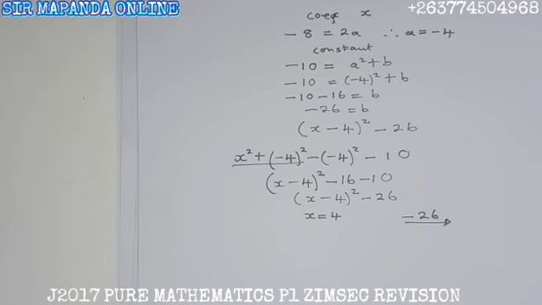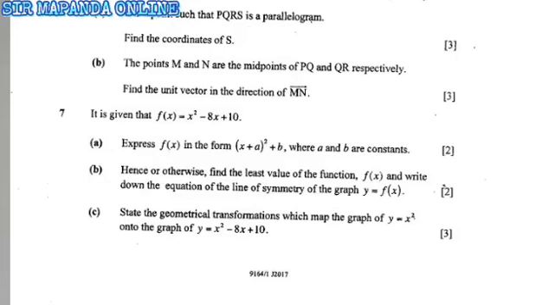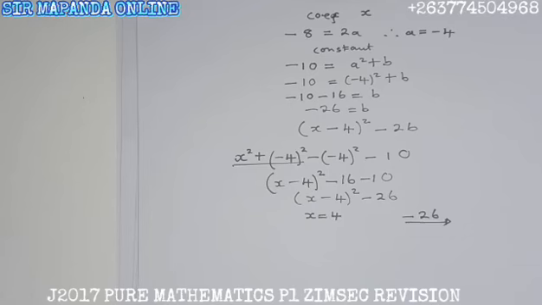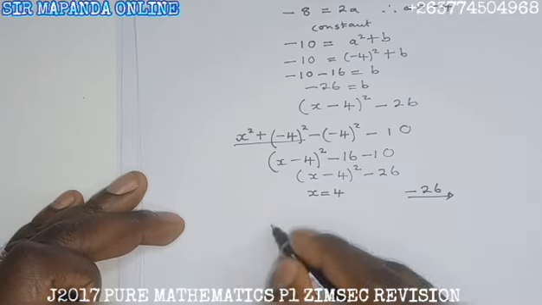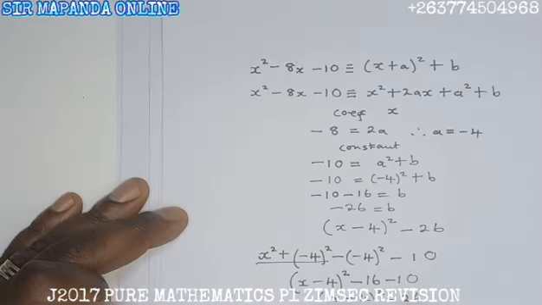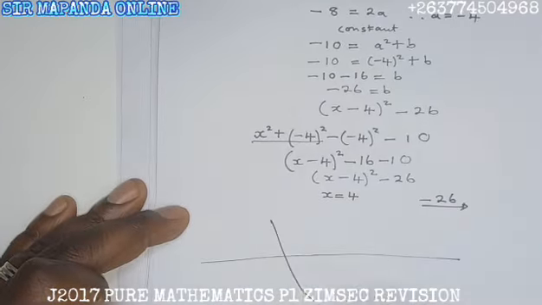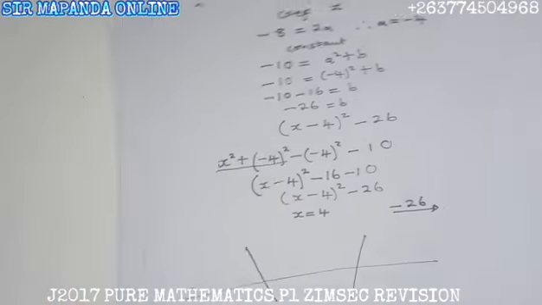And write down the equation of the line of symmetry for the graph y is equal to f of x. So to find the equation of the line of symmetry, you can notice that our graph is a U-shaped graph. It comes something like this.